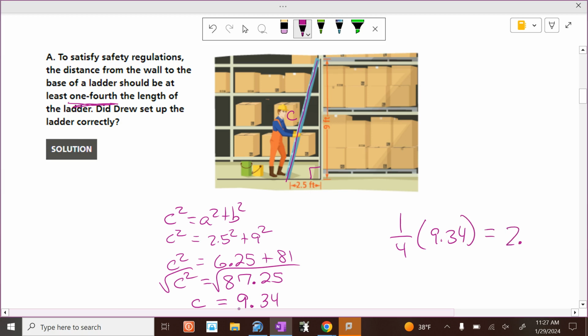That's 2 point what? 2.34, 2.35, somewhere in there. So 2.5 is greater than 2.34. So yes, this does satisfy the safety regulations. Okay? So using the Pythagorean theorem to solve a word problem.